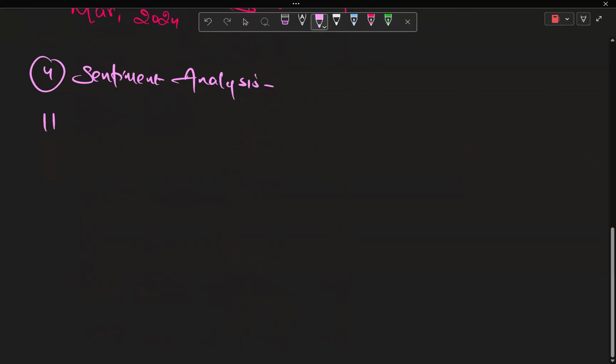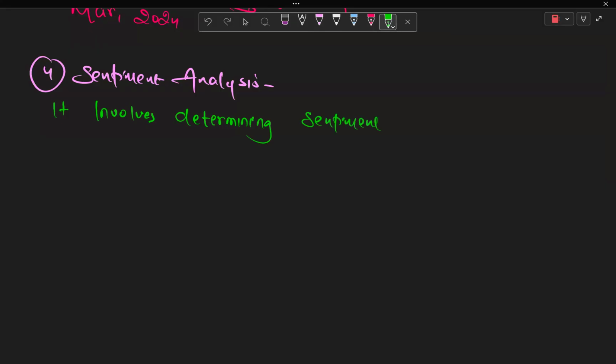If I write the definition, it involves determining sentiment or emotions expressed in a piece of text.